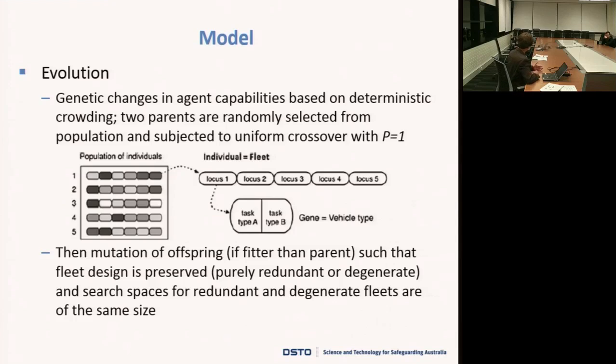But what we do then with the offspring is actually we mutate it. And we mutate it in a way that the design principle with which we start for the fleet does not change.